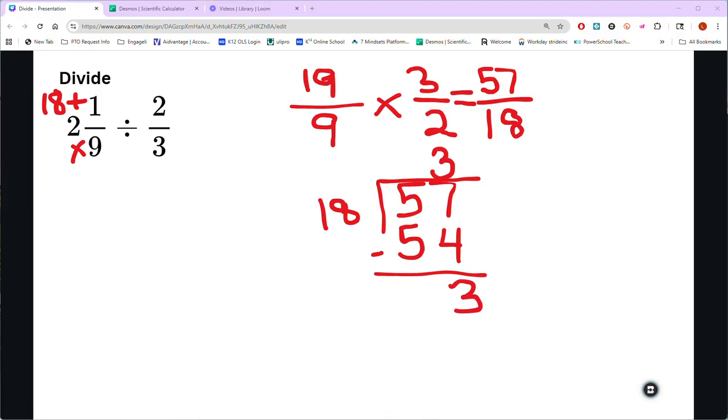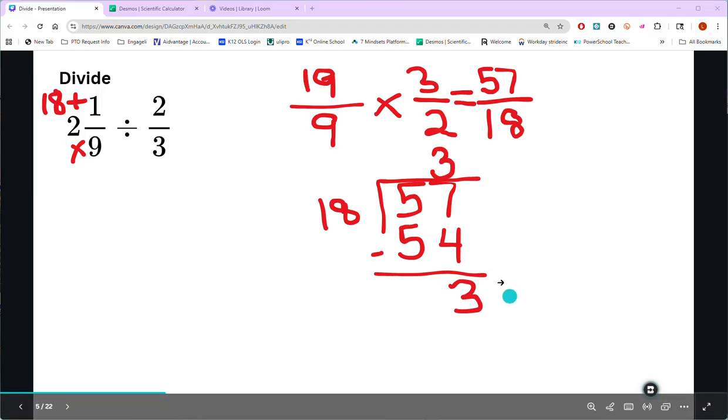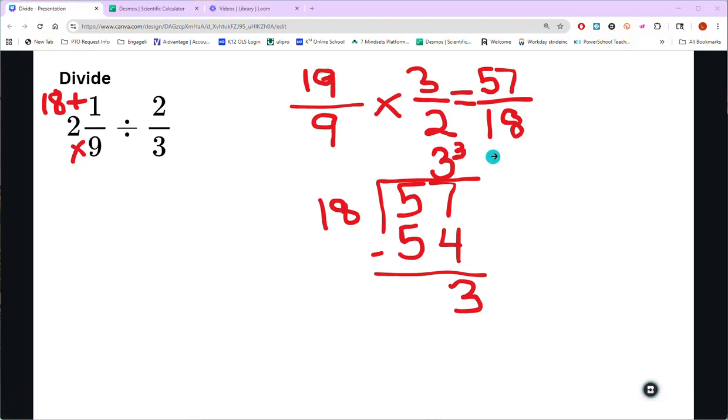There's nothing to bring down, so I'm finished. But I do have to make this number right here my numerator. So that's going to be 3 over my denominator. And my denominator, remember, is what I divide by. So that's 3 3/18. I'm going to write this over here where you can see it a little clearer.